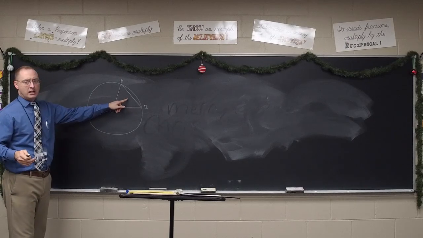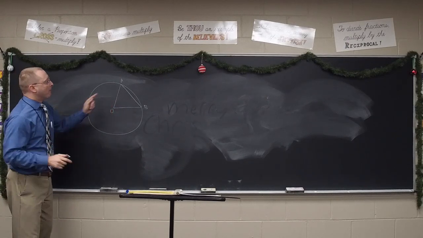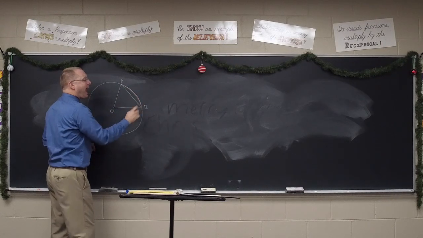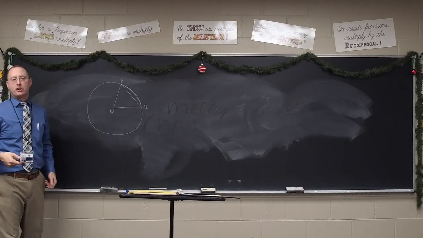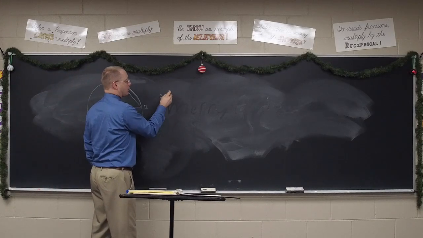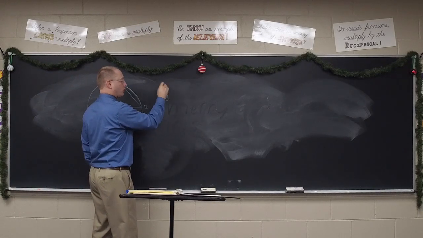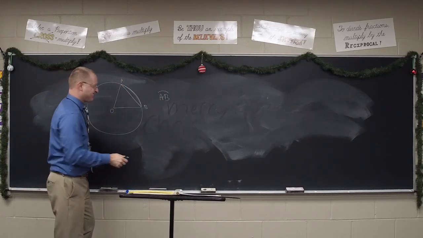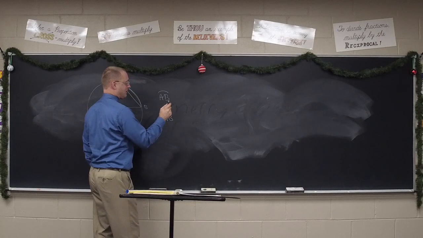What is AB called again, class? A chord. But AB could also be this arc. How do I indicate I'm talking about arc AB, Bryson? You put a curvy line over it. Good, put a little curvy over it. Well, how do I show that I mean chord AB, Bryson?